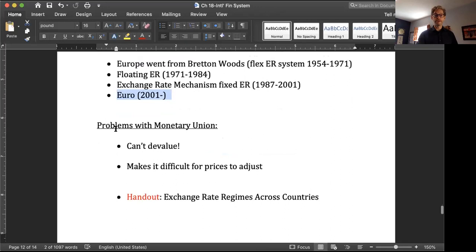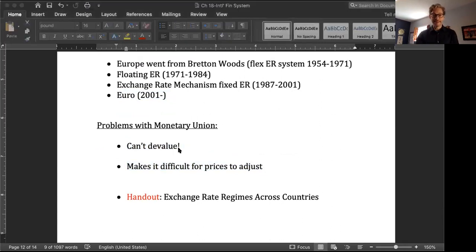The monetary union is a fixed exchange rate system, but it's an extreme, right? There's no possibility of devaluing, and it makes it very difficult for you to adjust your prices. So it is a real commitment to having exactly the same monetary policy. And as we talked about with the European debt crisis, that's both a good thing and a bad thing, right?